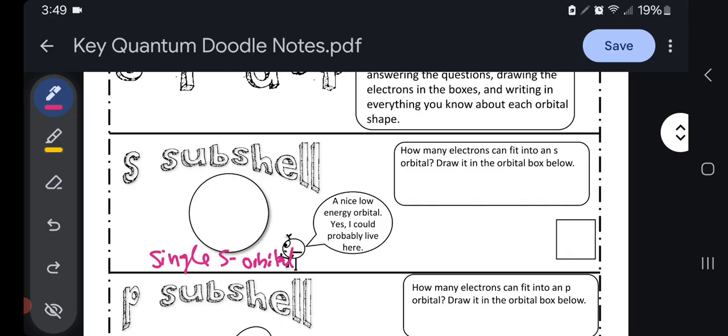And then how many electrons can fit? You can fit 2 electrons in the S orbital. So you go 1 up, 1 down. That box represents your 1 subshell. And this is your S.